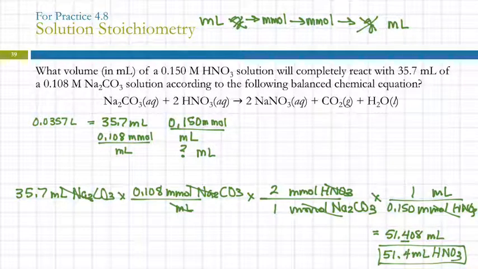Any questions? Yes? You named it a millimole, but you never actually moved the decimal point. I did not move the decimal point. You are correct. Because I put milli on top and on the bottom. If I move the decimal point, then the milli would go away and I would have different numbers. The ratio would be the same. So here, I moved the decimal point and made this into liters.